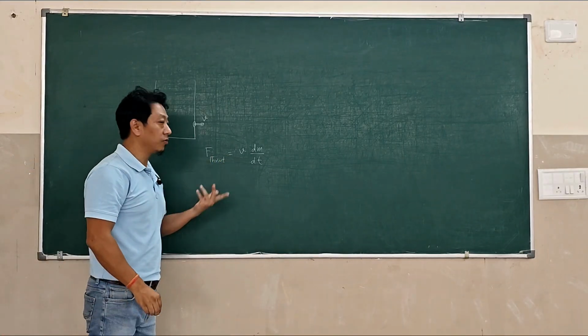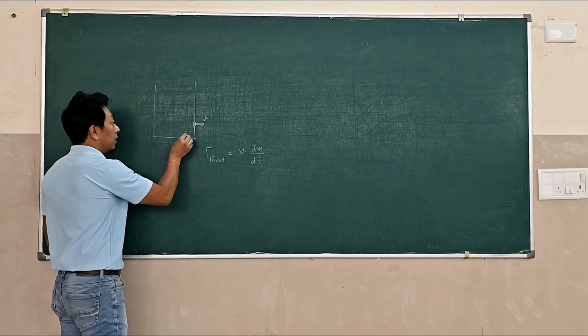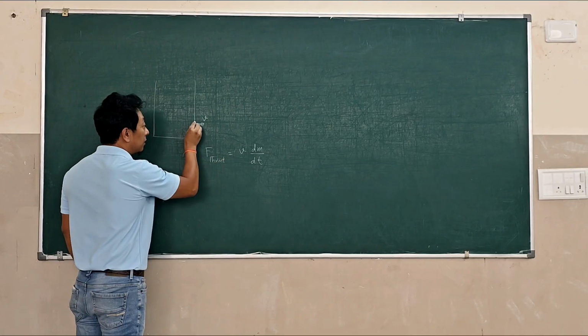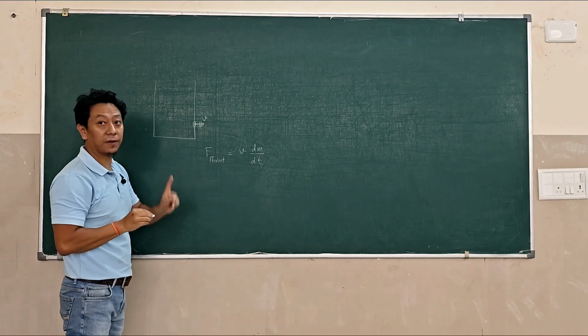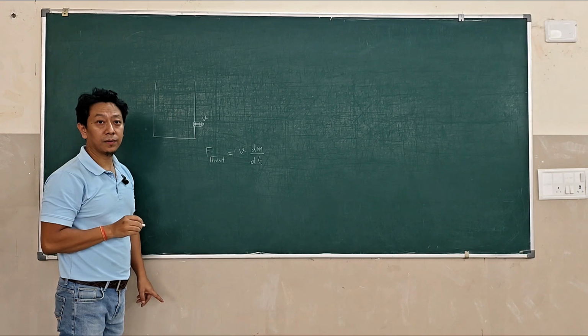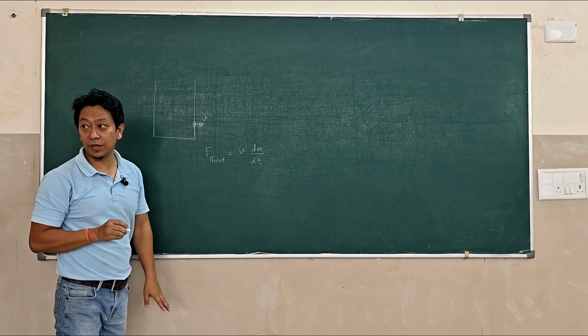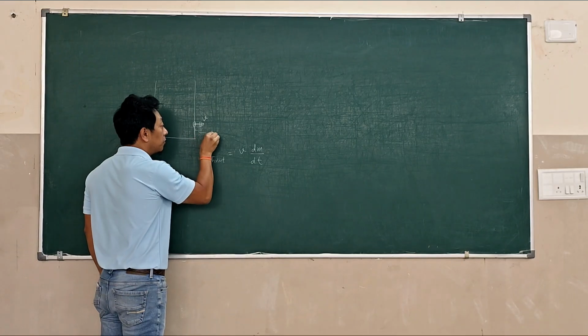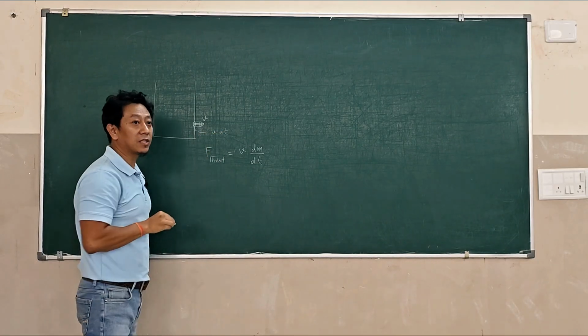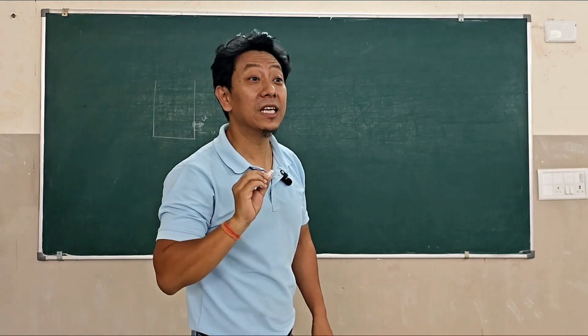How to understand this formula? Simple. In time dt, the liquid may go from here to here, with velocity v it is traveling. So in that time what will be this distance? v into dt. Just like before we wrote v into t.